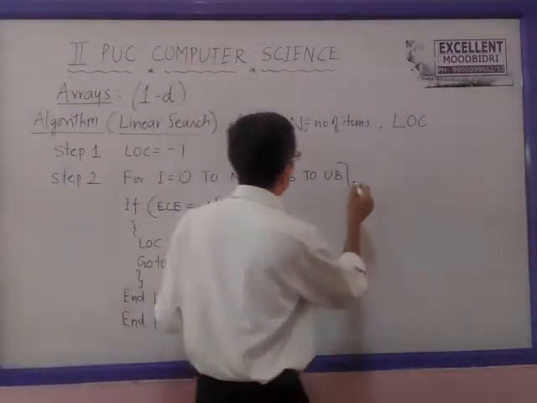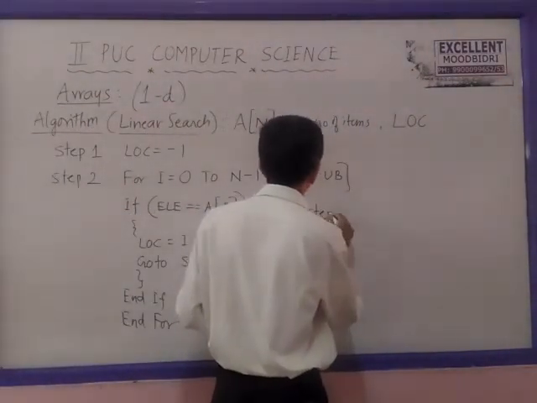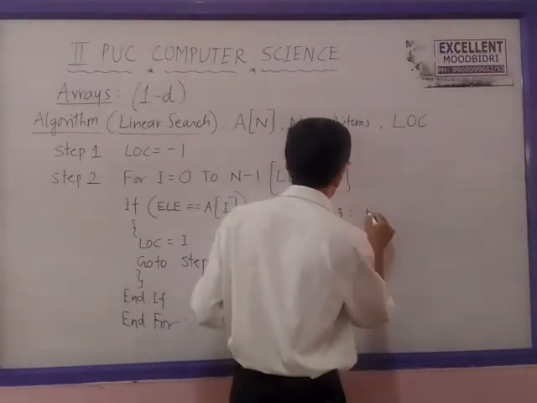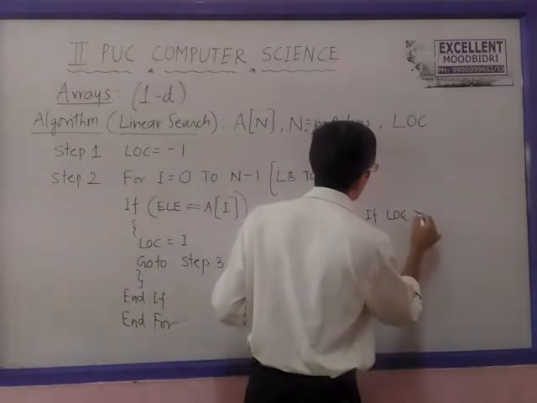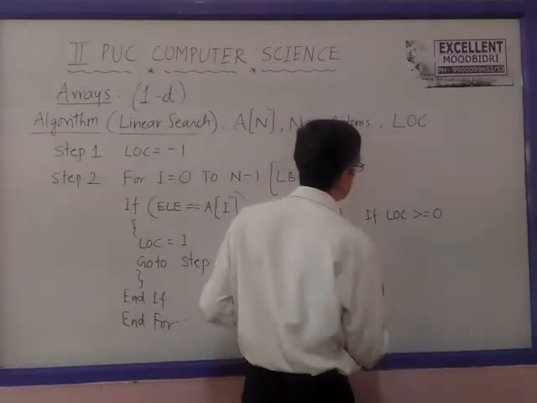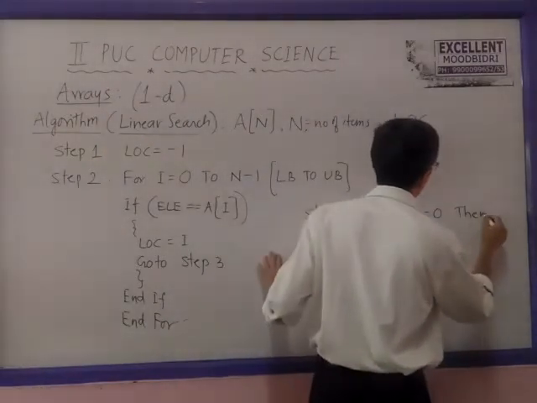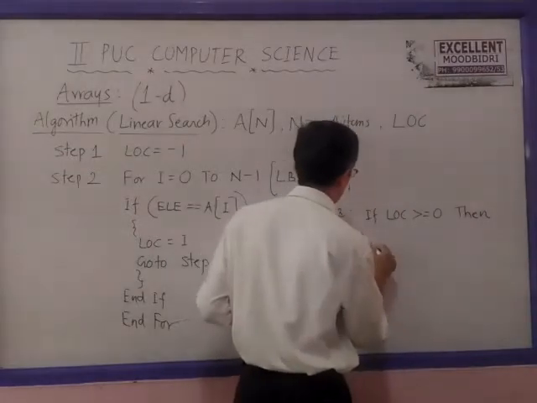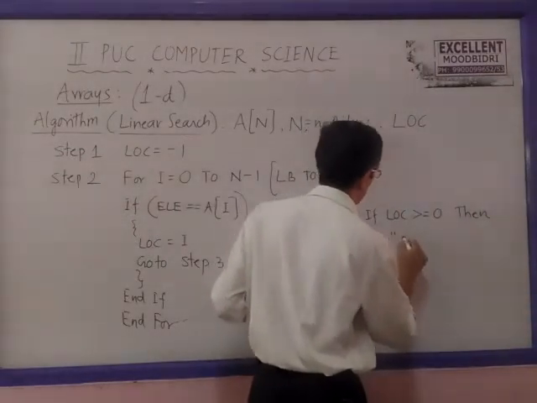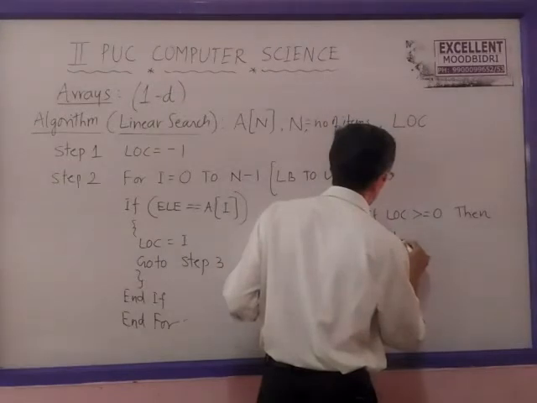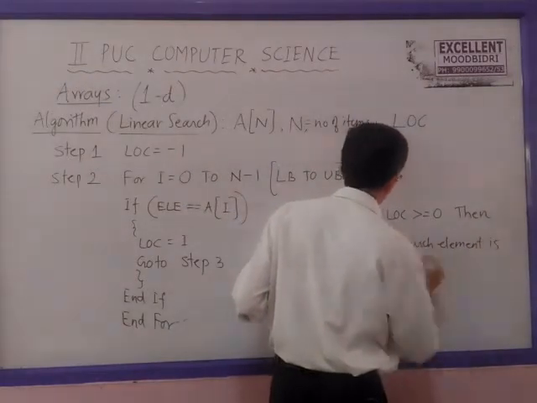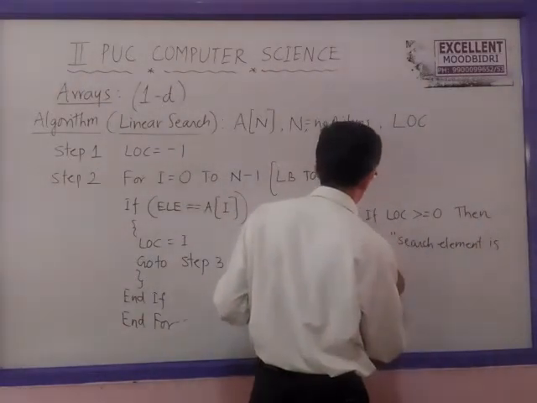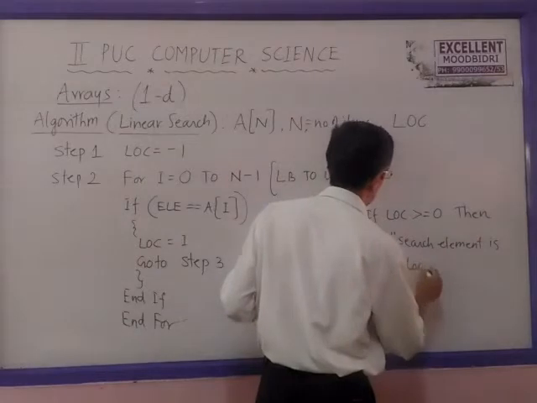So the next one is step 3. I will write step 3. If location is more than or equal to 0, then print item search element is found at location.